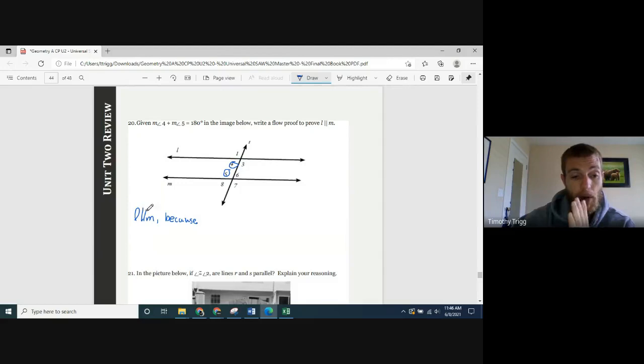So L is parallel to M because of converse. In this case, it's same side interior angles.